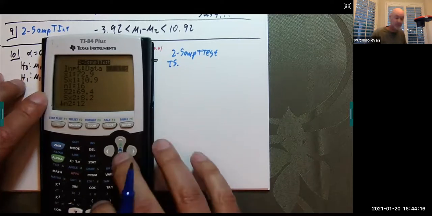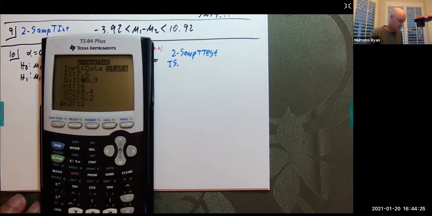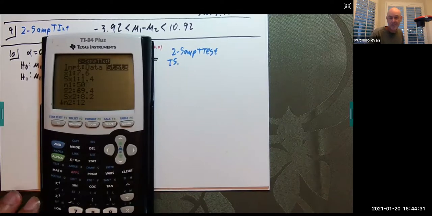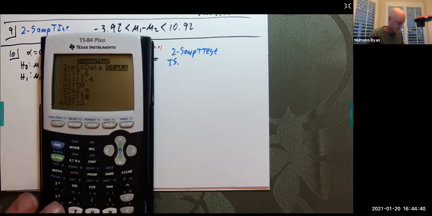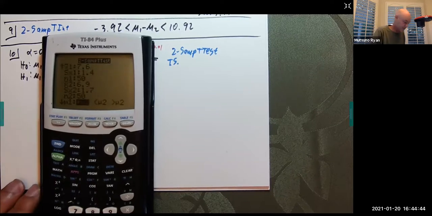And we have our data: mean 7.6, standard deviation 1.4, and 50, and the mean for the second one, company B, is 6.9, standard deviation of 1.7, and 50. This is a not equal to.